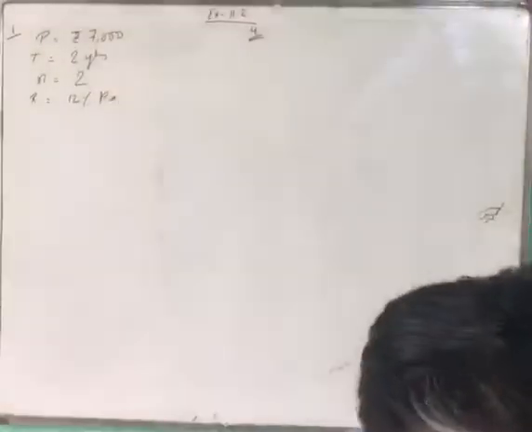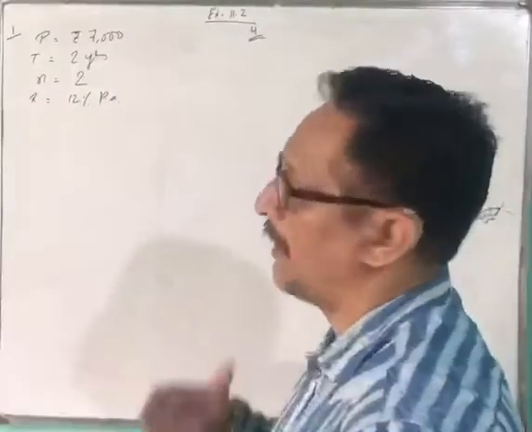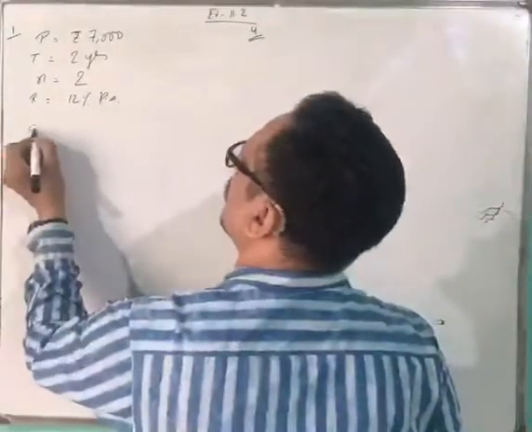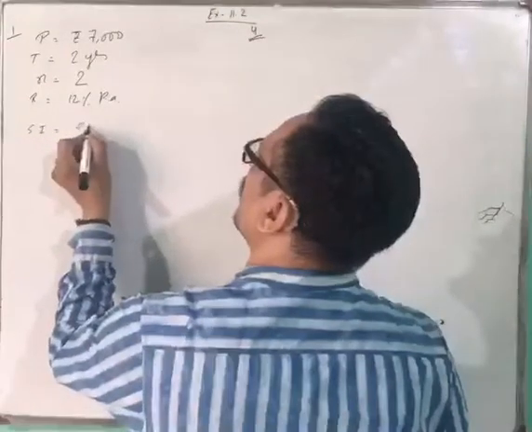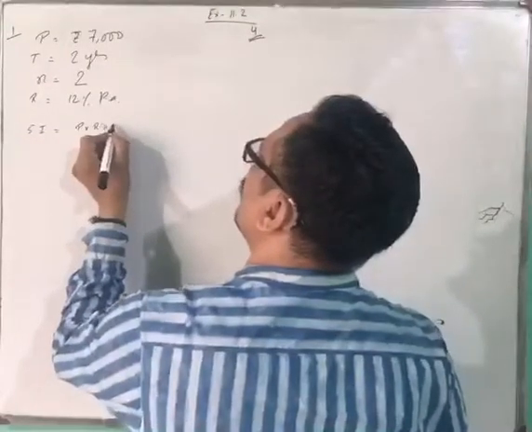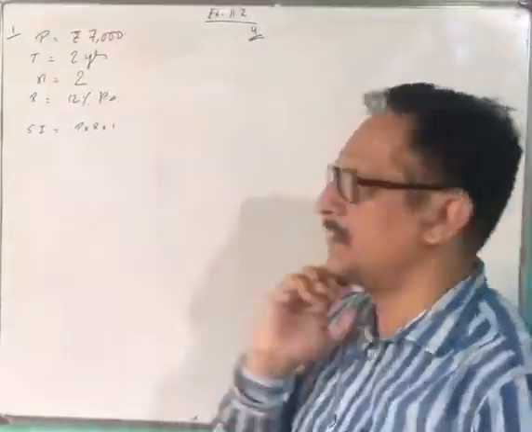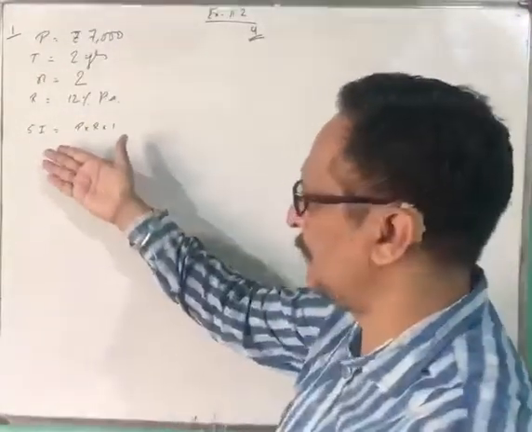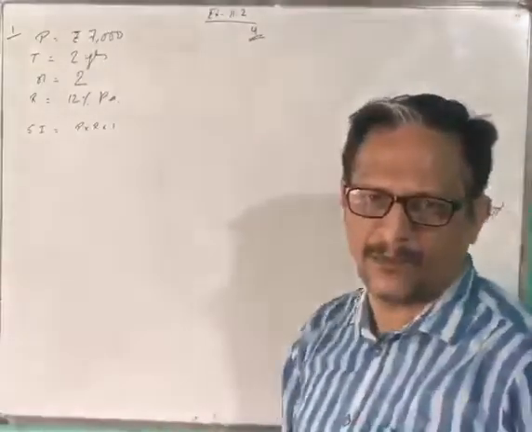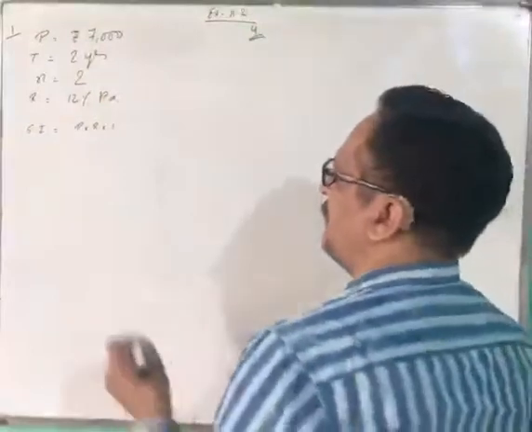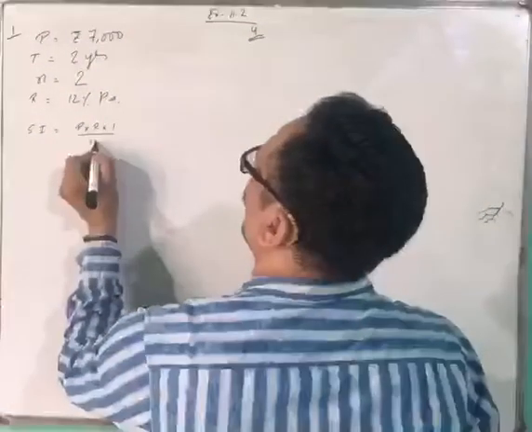First of all, the simple interest formula is P into R into time, always being 1 here, upon 100. You have to find the compound interest by calculating the simple interest the number of times given upon the time given in the question.